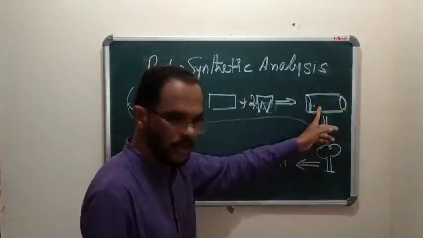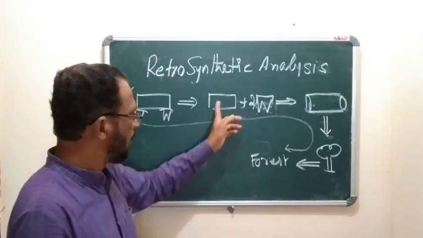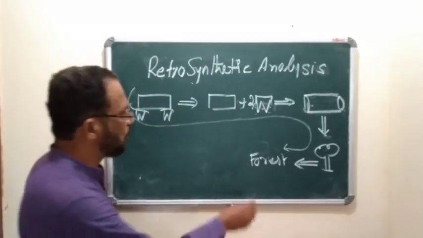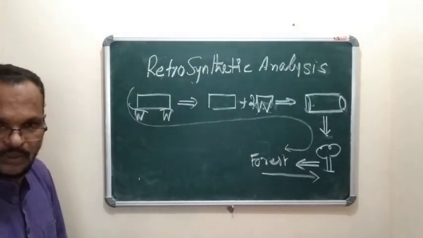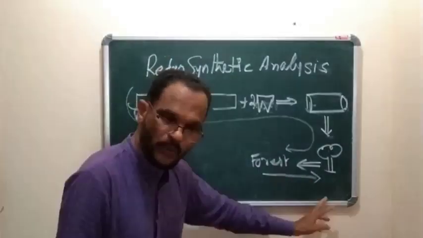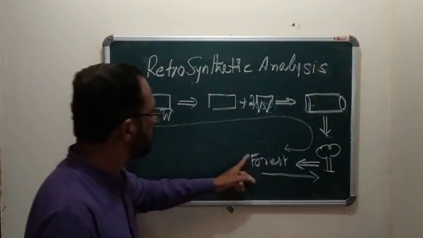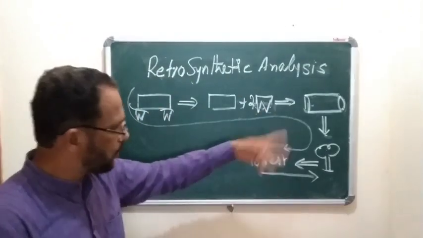From these wooden logs, you make these two components. Combined together, you will get a bench. So, this is the real synthetic part which one can execute in a workshop. And this is the retro aspect or retrosynthetic aspect for identifying the components.